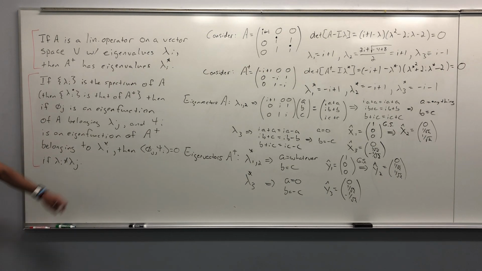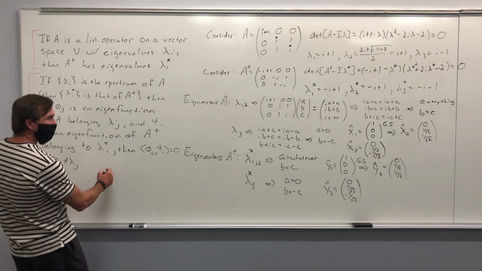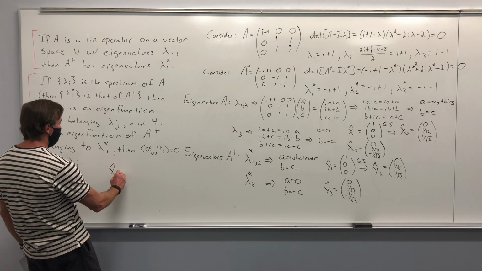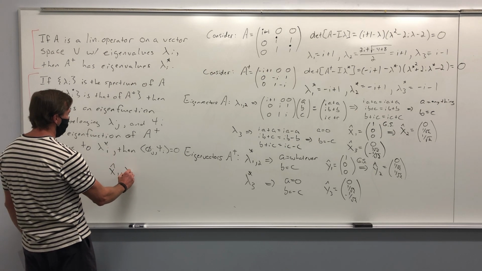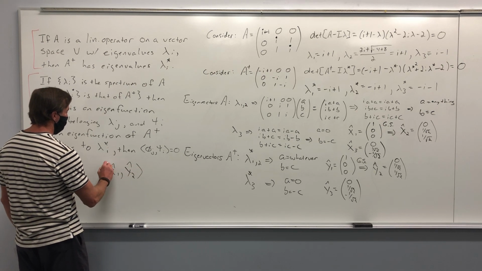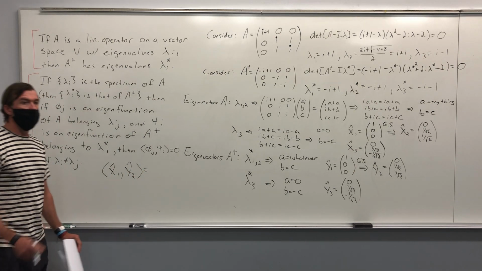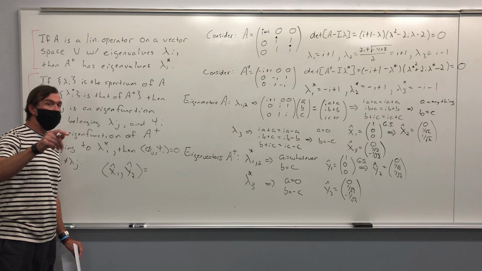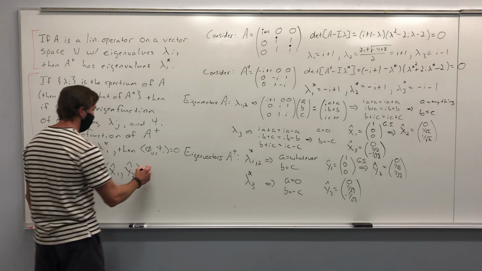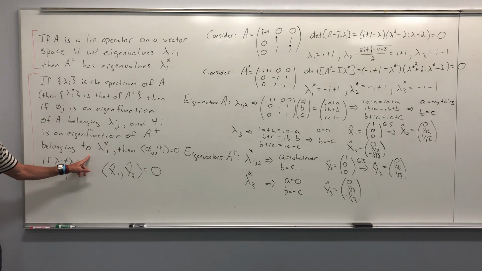Now let's just check this out. If I take x1 and I do the inner product of it with y2, what do I get? Say it loud, say it proud. 0. Is that satisfying this?